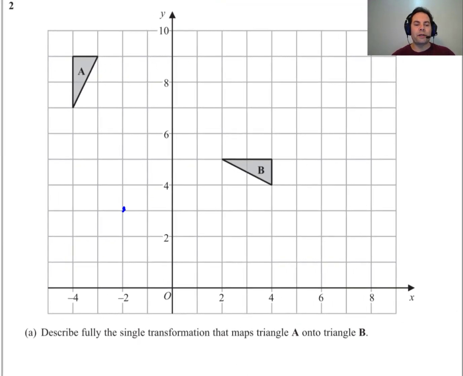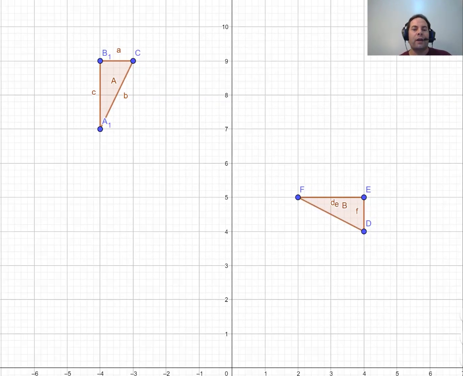Question number 2, part A, describe fully the single transformation that maps triangle A onto triangle B. The transformation which maps A to B is rotation. This rotation is 180 degrees or 90 degrees. I will first show you that this is not 180 degrees. How?